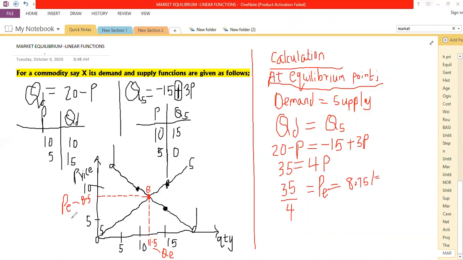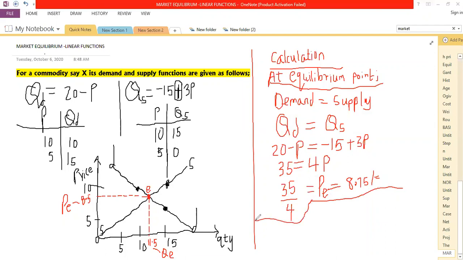So you can see this is not too far away from our estimation. We estimated a price of shillings 8.50, slightly less than what we have calculated, but the estimation is okay for us. If a student had estimated a price of shillings 9, it's still okay. We are within the range of allowance provided for that.